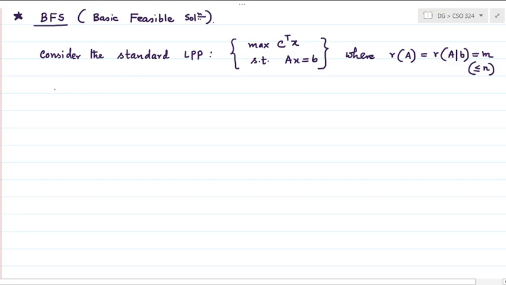Now here in the standard form you also have x greater than or equal to 0.